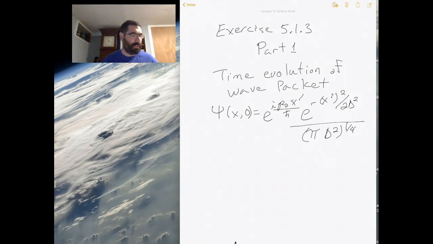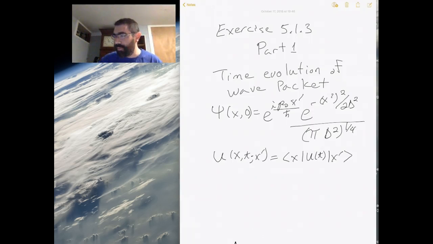And then we evolved it in time by coming up with a propagator, in this case U of x and t starting at a position x prime, which we said was the product of x, the U propagator, x prime ket.